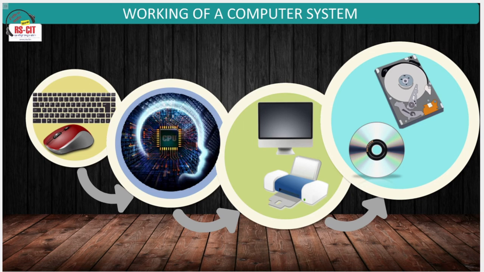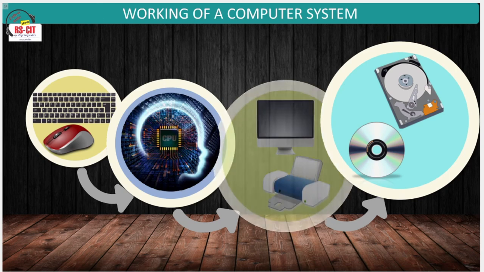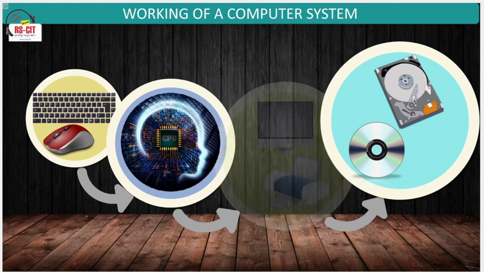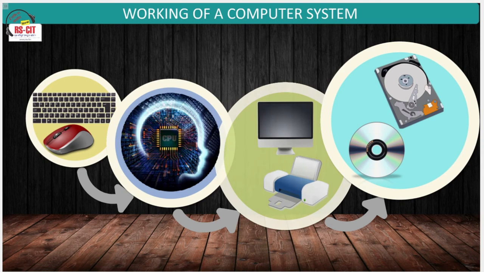Some common CPU examples are Intel i7, i5, i3, dual-core, Core 2 Duo, Pentium 2, Pentium 3, Pentium 4, Intel Celeron and AMD Athlon.